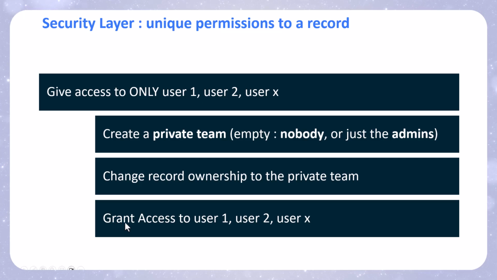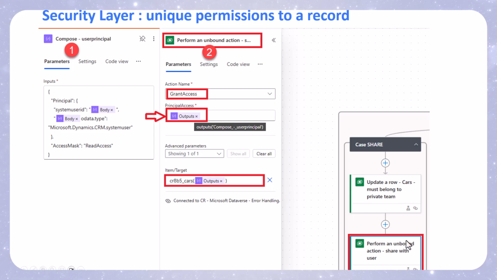So you need to grant access to the approver. So here, user 1, user 2, user X. To do this, you can use the action perform an unbound action.